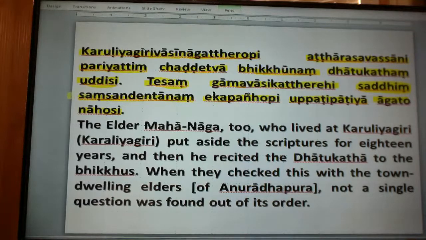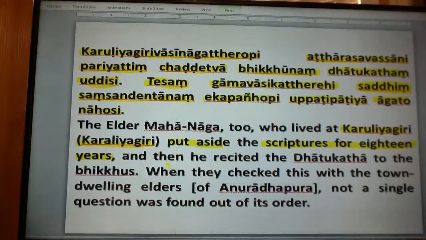That's why in the English translation, the elder Mahanaga, who lived at the Kaluriya Giri, or whatever, a different pronunciation, put aside the scripture for 18 years. The meaning is that he had no practice, no recitation for 18 years, a long time.